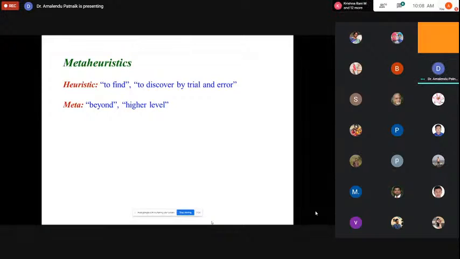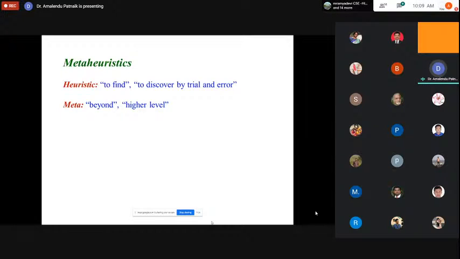If you see the dictionary, you will find the meaning of heuristics as to find or to discover by trial and error method. And meta means beyond or higher level. So metaheuristics is finding a solution by trial and error method, but that trial and error method is not completely erratic.